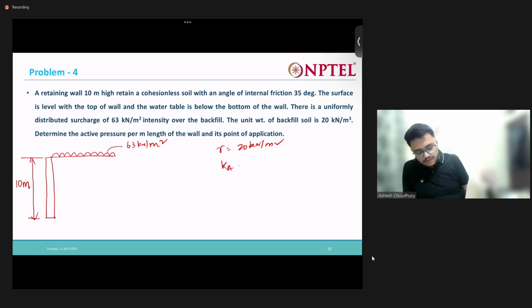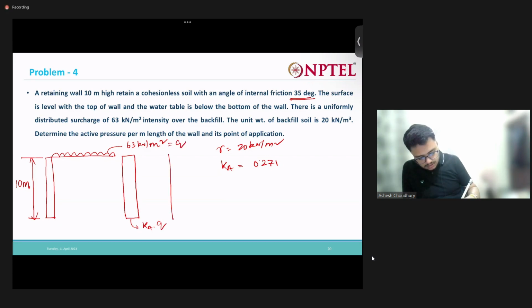So K we already found out, 0.271 for 35 degrees. So due to the surcharge, how will be the variation of our lateral pressure? It will be rectangular, right? K into Q. Q is nothing but 63, and to that we add K into 10 into gamma.